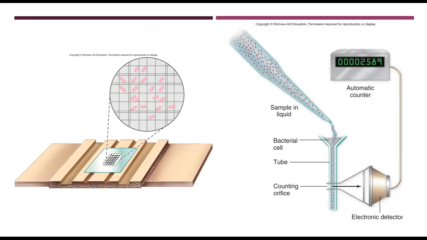So the image on the left shows direct counting of the number of organisms with a microscope, and the one on the right shows an example of a Coulter counter.